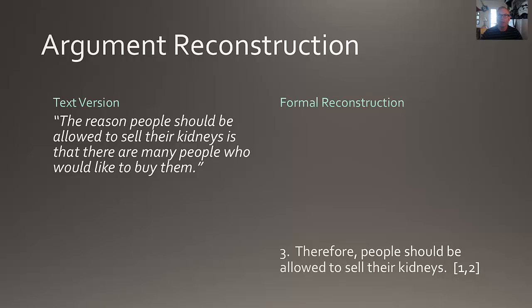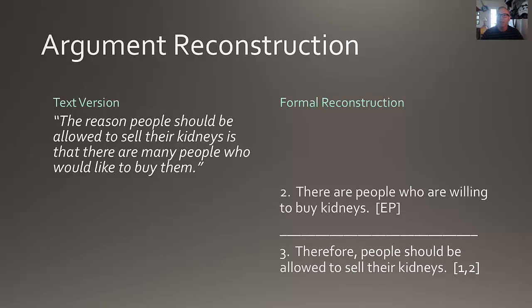Our next step, of course, is to see what, if any, explicit premises there are that will support that argument. If I divvy up everything that I've been given, I've got premise 2, there are people who are willing to buy kidneys, and that's something the author said, so we're calling that an EP, an explicit premise, and there's 3, which is the conclusion. But you'll notice that if you just look at 2 and 3, that argument as it stands is not well formed yet.